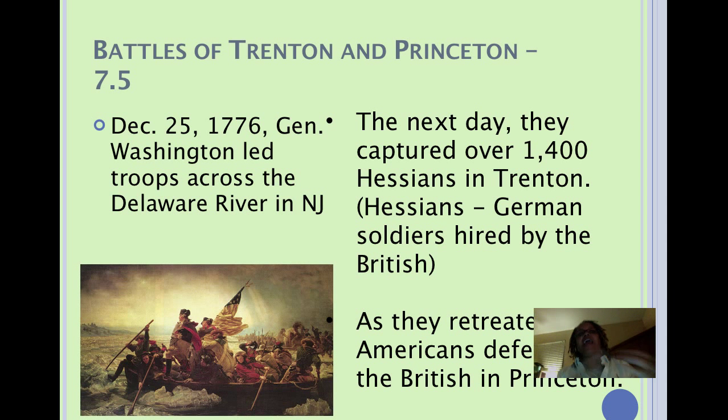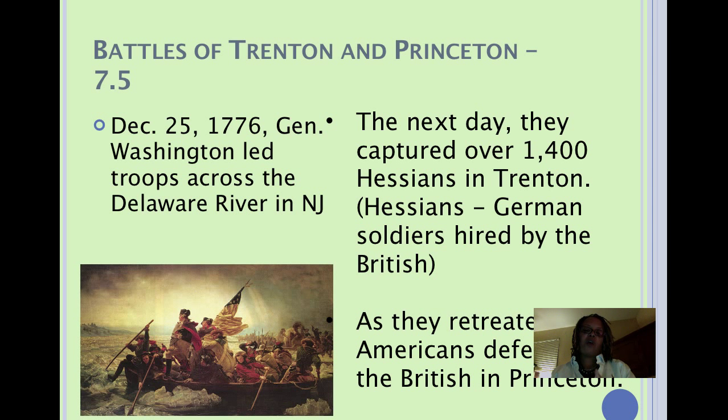The next day, when the Continental Army reached Trenton, New Jersey, the Army captured over 1,400 Hessians. They didn't lose a single man, meaning none of the Americans were killed in this capture, and none of the Hessians were killed either.